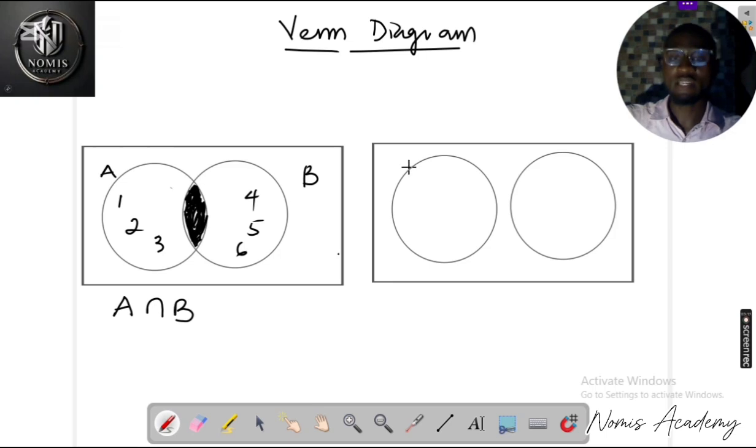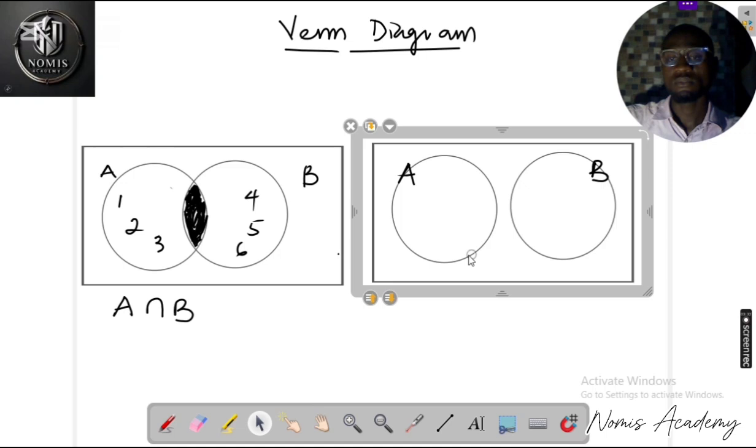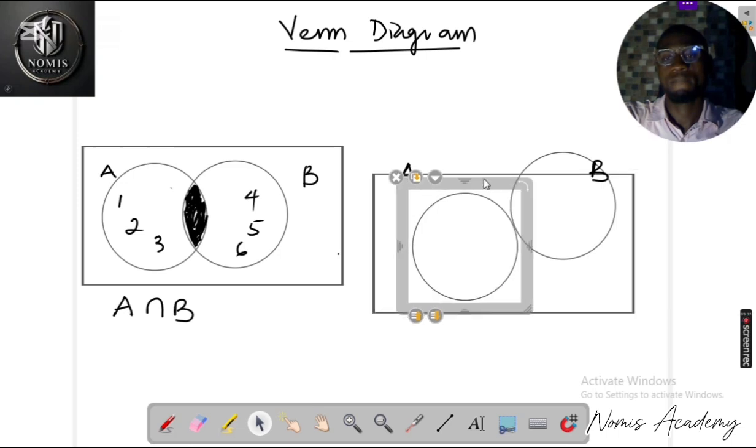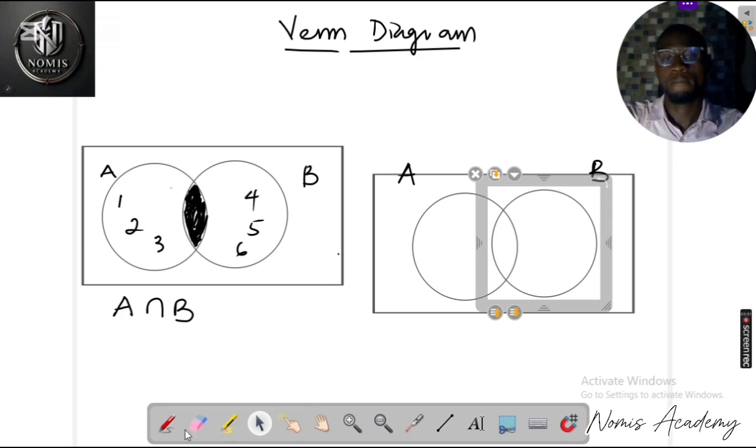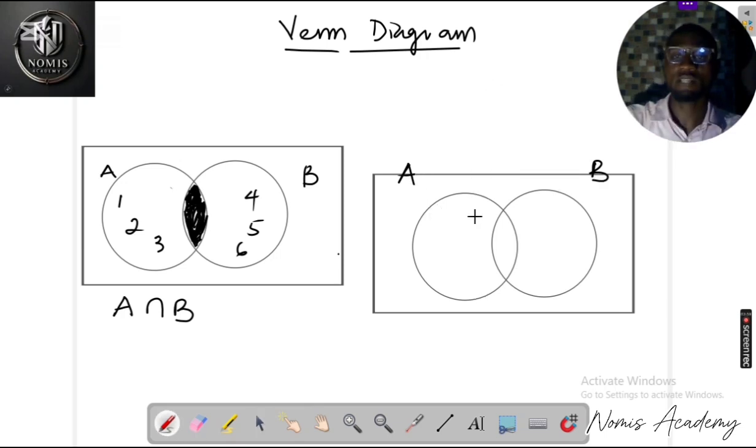So let's take this as our set A and let's take this as our set B. So set A, set B, if I will need to talk about the union of the two sets, that means the two sets come together like this. So when the two sets come together, this is set A and set B.